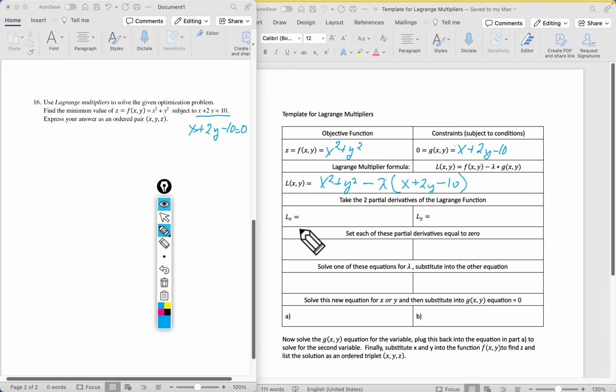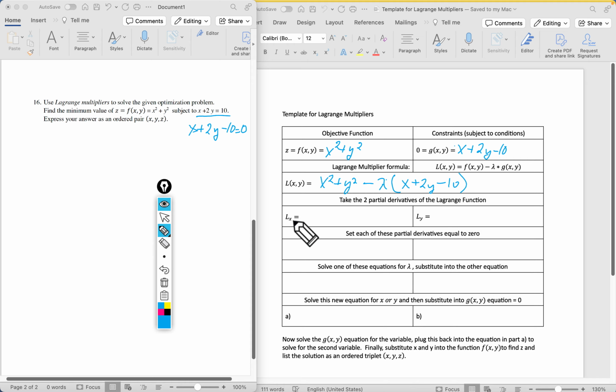We also have the constraint equal to 0 as well. We use that to first solve for lambda, because we've got to get the lambda out of there. Then we substitute in, solve for either x or y, and then substitute that into the constraint. That's how this is going to work, and then we come up with one or more points.